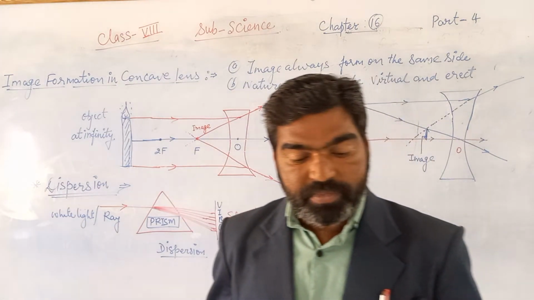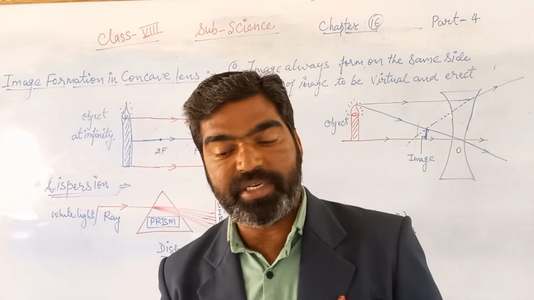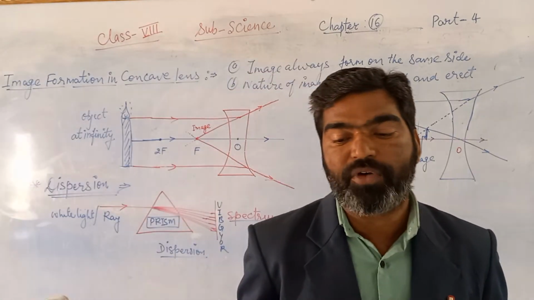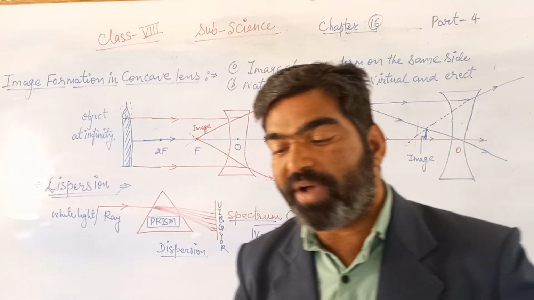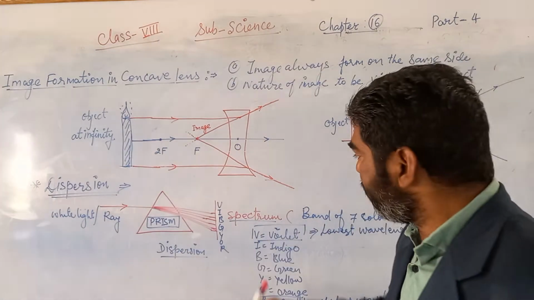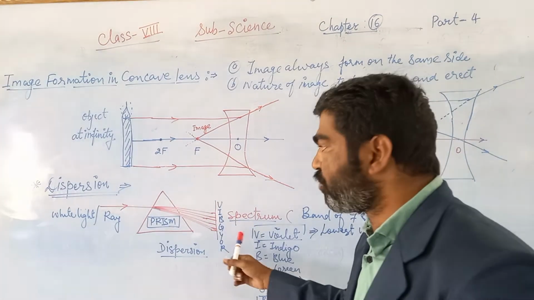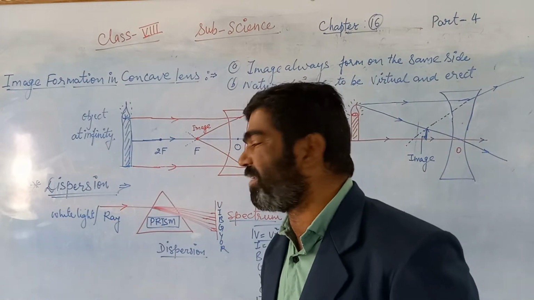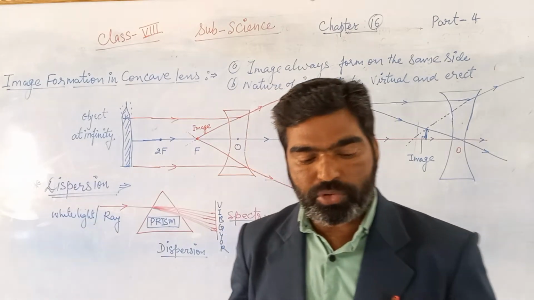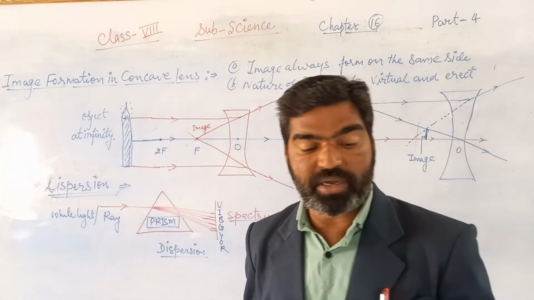So therefore, when this spectrum enters another prism kept in the inverted position, the constituent colors recombine to form white light. और फिर वापस यदि उसको एक दूसरे प्रिज्म में जो इन्वर्टेड फॉर्म में रखा हुआ है उसमें से we pass this light of different 7 colors again, so we again obtain the simple light or white light. So a prism can split white light into the 7 constituent colors.